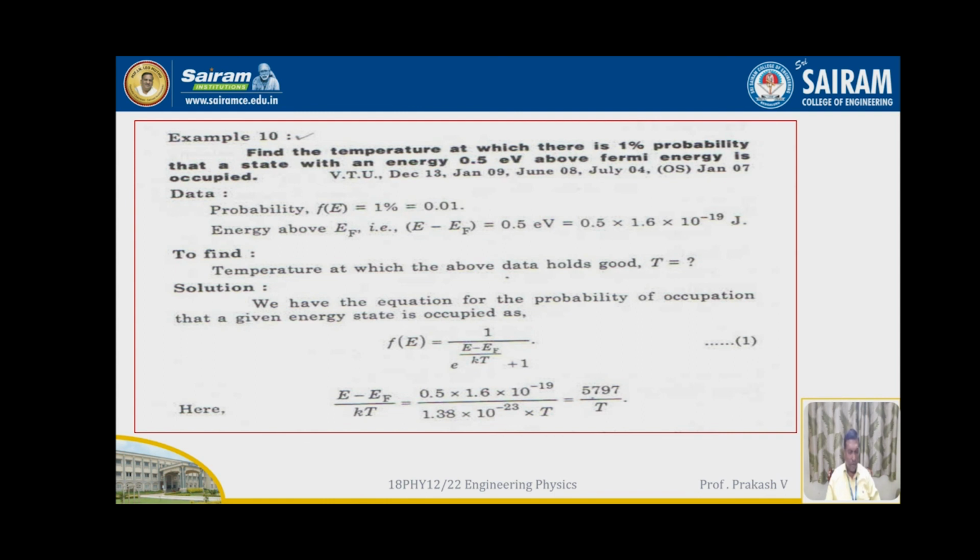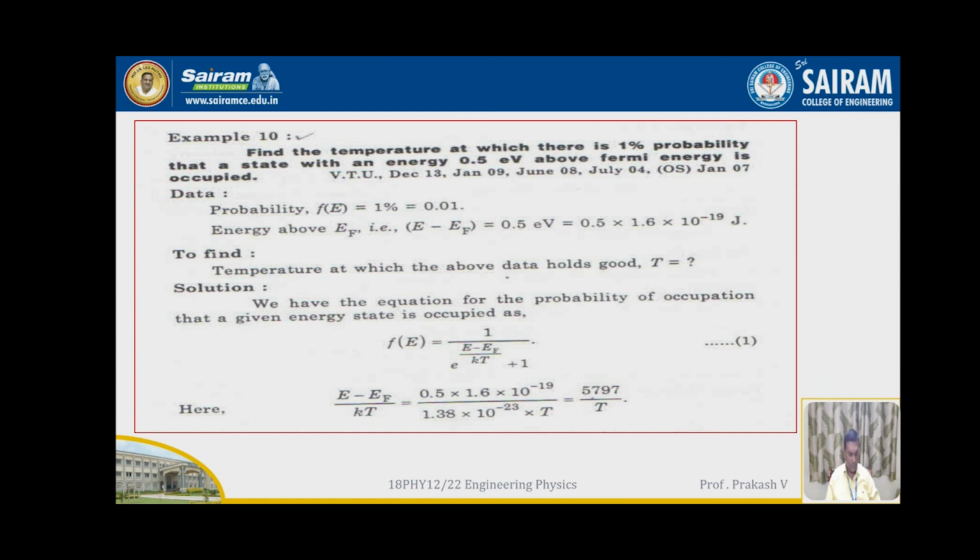Given data: probability f of E is equal to 1%, that is taken as 0.01, and above the Fermi energy, E minus EF is equal to 0.5 electron volts, that is equal to 0.5 into 1.6 into 10 to the power of minus 19 joules. To find the temperature at which the above data holds good, we have to calculate the value of T now.